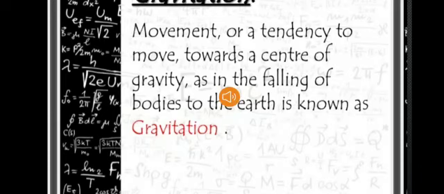It is a force that exists among all material bodies in the universe. For any two objects having non-zero mass, the force of gravity tends to attract them towards each other. Every object in the universe is surrounded by a gravitational field.